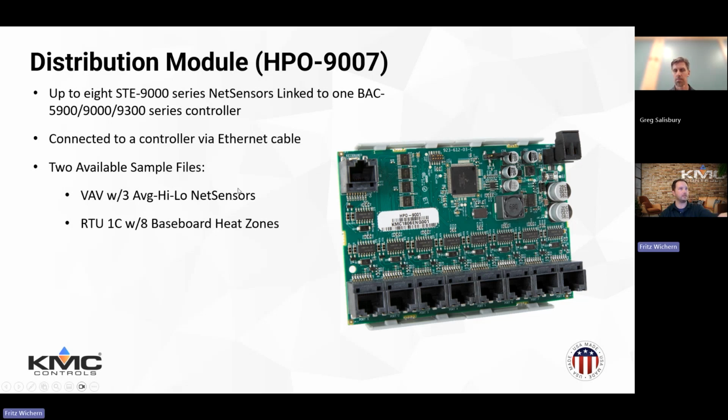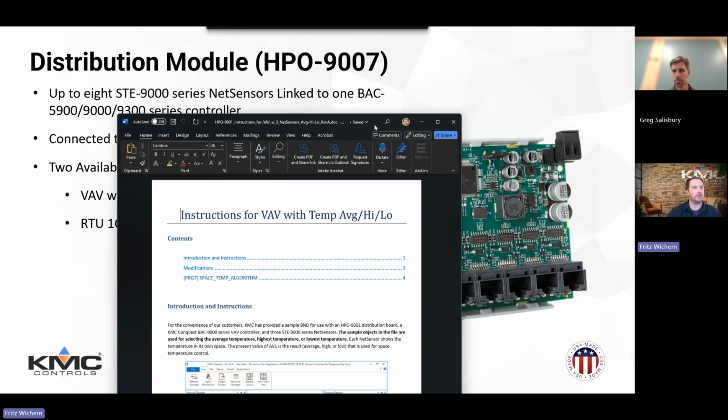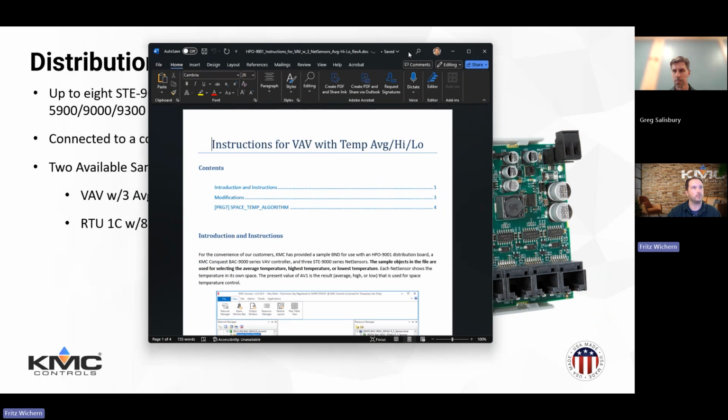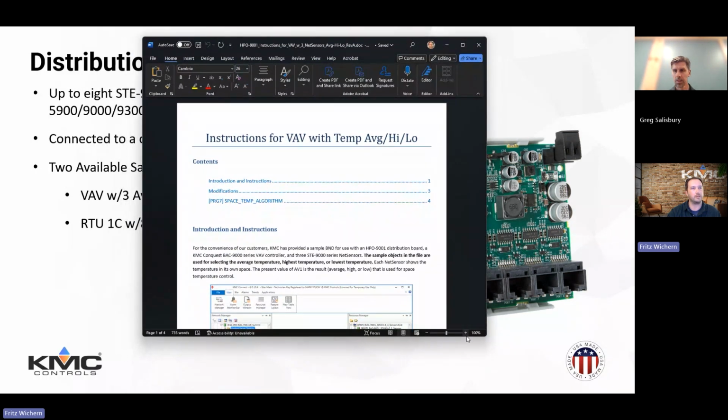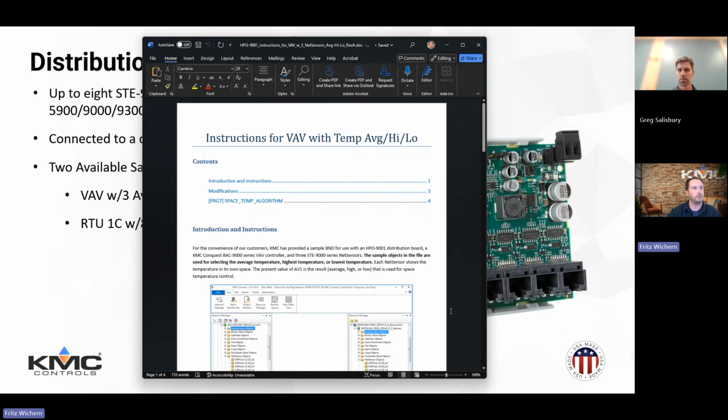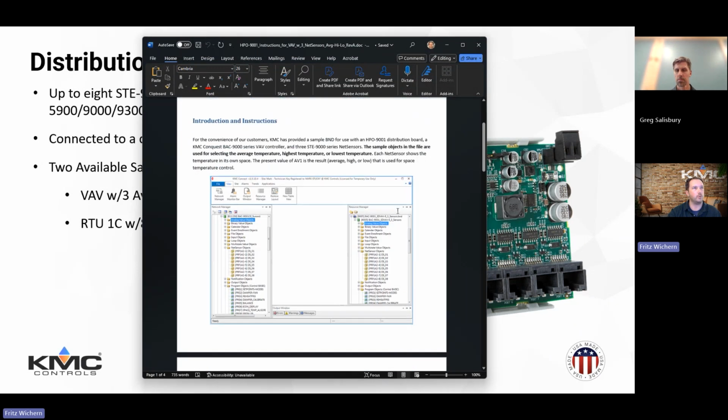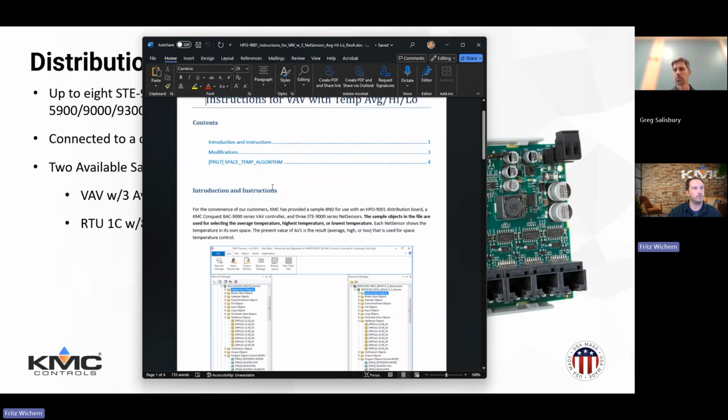Out on the website, like I said, there's a couple of sample files. It's important to know that these are just sample files, used to be a starting-off point for you. As part of that file, there's a Word document that's got the instructions that take you through an introduction of what this sample file is going to do.